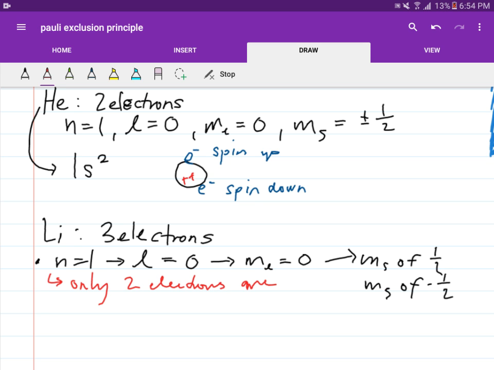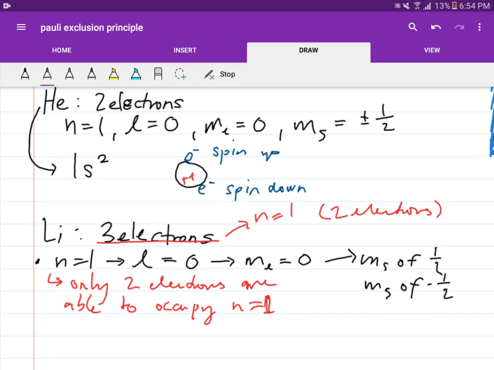So what happens to the remaining electron? Lithium has 3 electrons, and we already know that 2 electrons will be in n equals 1. So the remaining electron will have its quantum state in n equals 2.